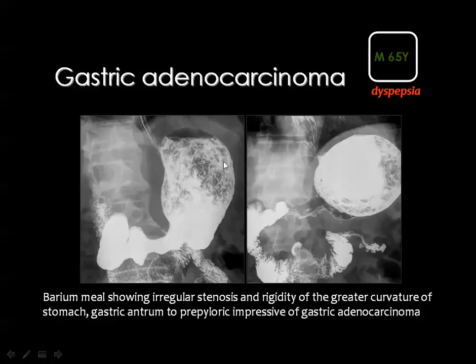Proximal to this carcinoma, there is a lot of retained food material within the fundus and the proximal body. And in the mucosal relief film, you can see the irregularity and destruction of the mucosal folds in the affected area.